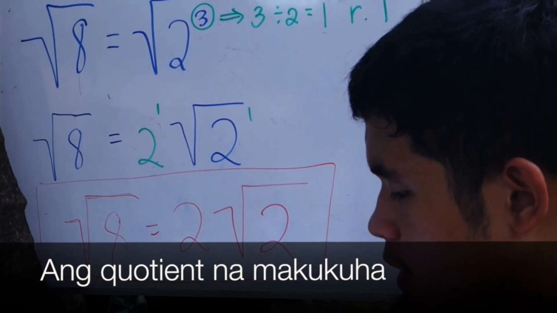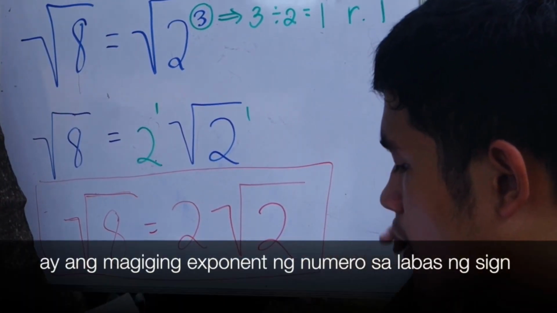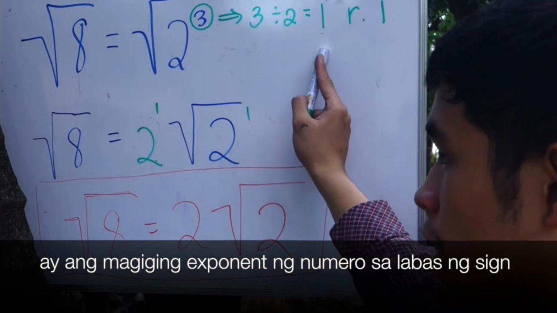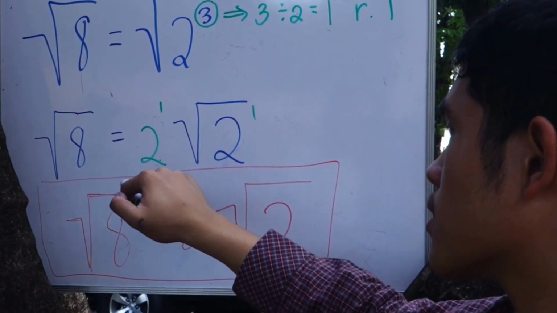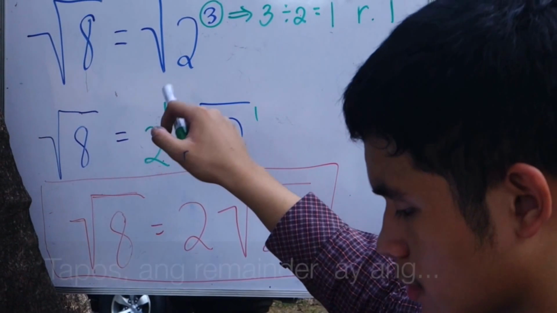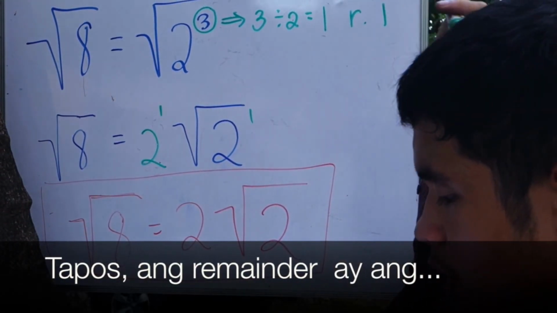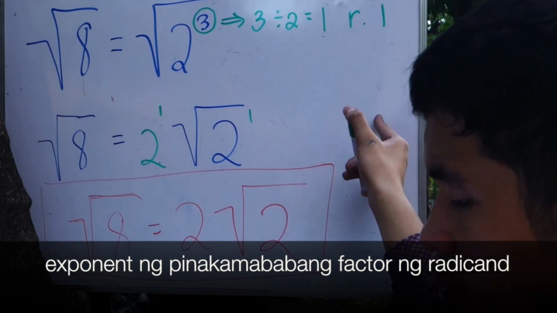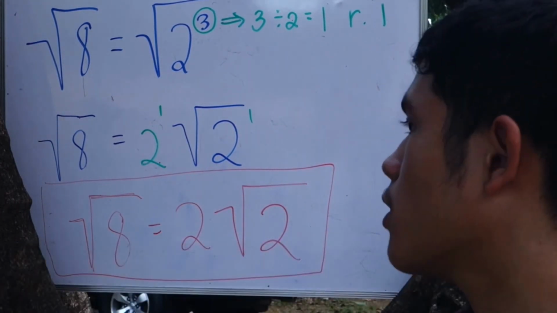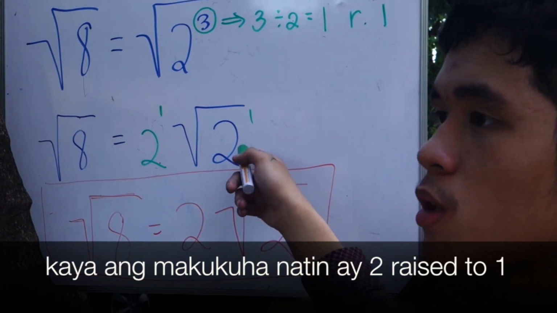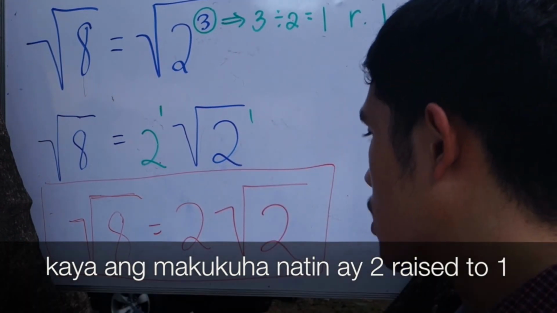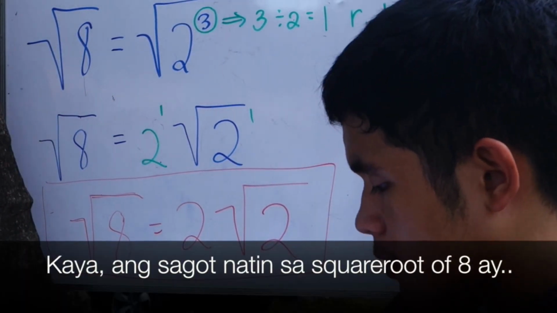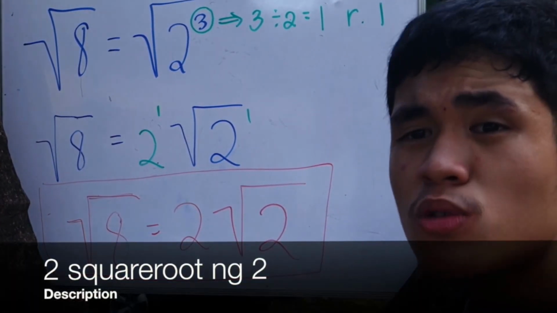Therefore, the quotient shall be the exponent of the number outside. Then the remainder shall be the exponent of the particular factor that is left in the radical. It's 2 to the 1. Therefore, the square root of 8 is 2 square root of 2.